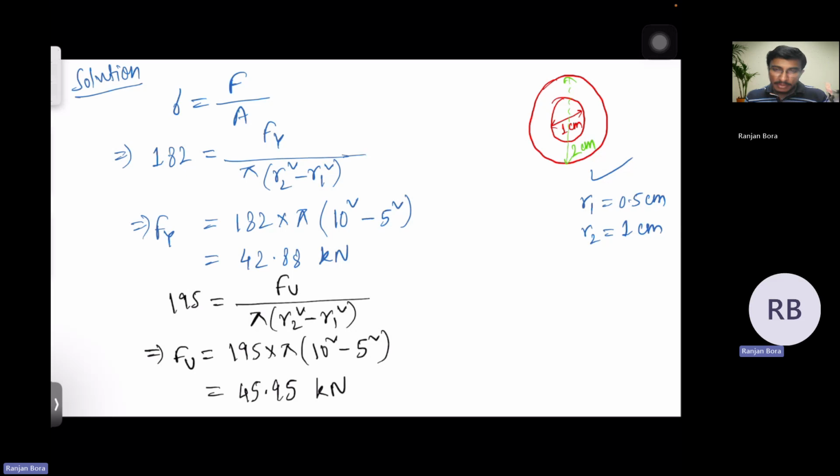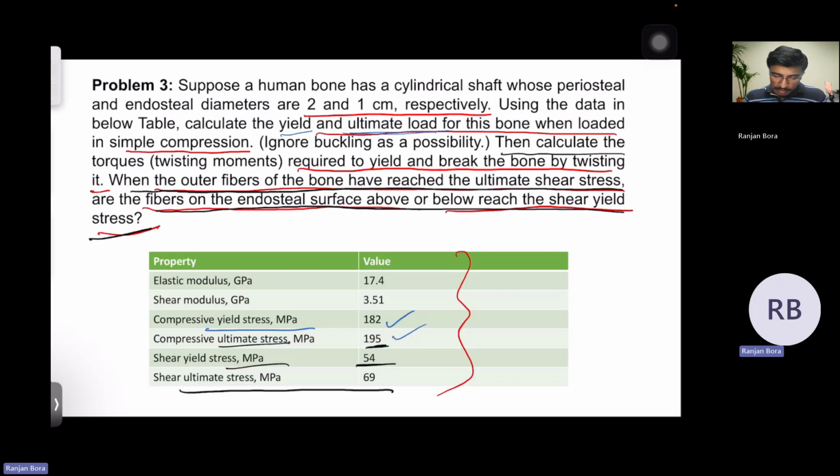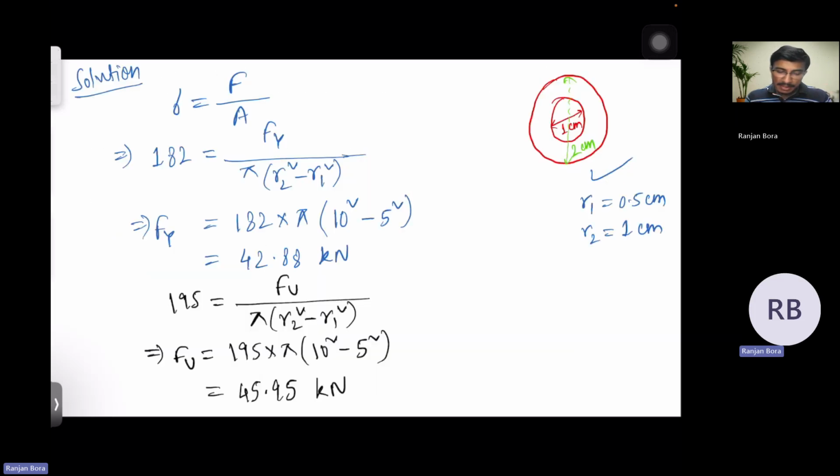First we need to find the torque that should be applied for the outer fibers to reach the ultimate shear stress, which is 69 megapascal.